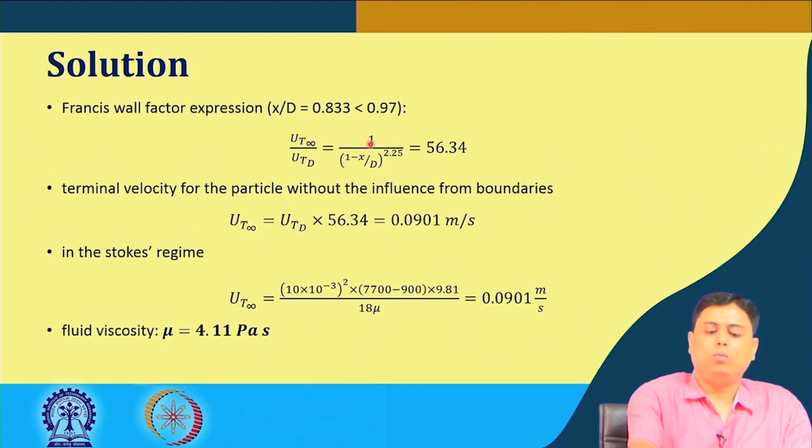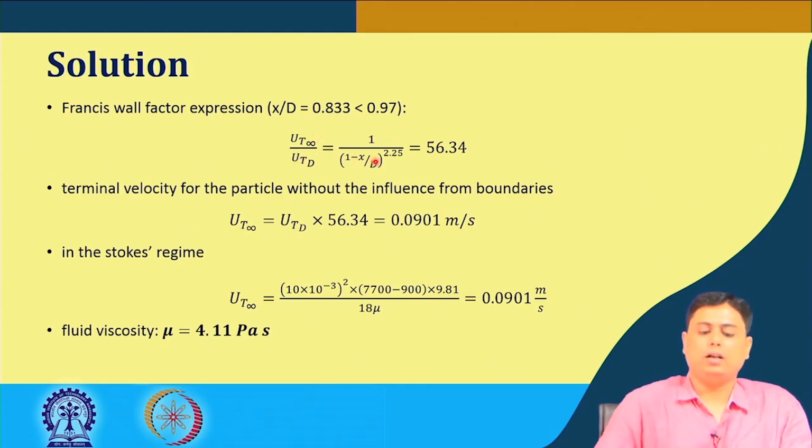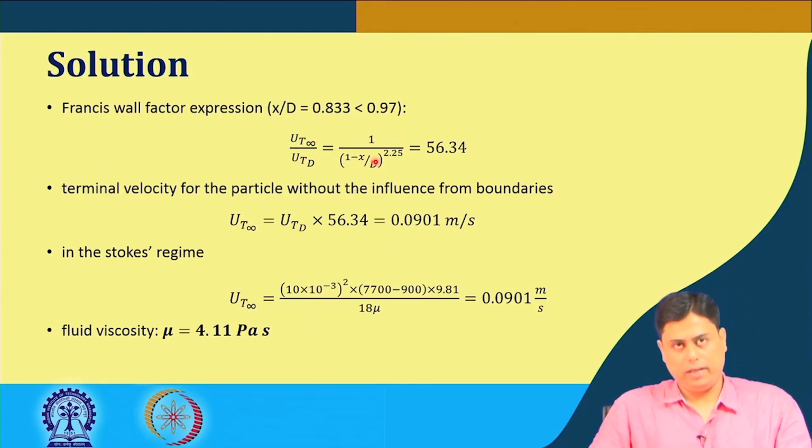Okay. 1 by x minus 1 minus x by d to the power 2.25. This was the expression that I showed you earlier.